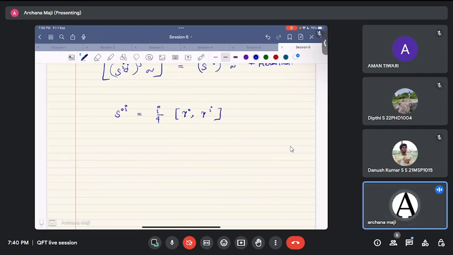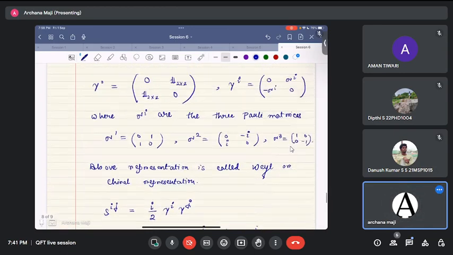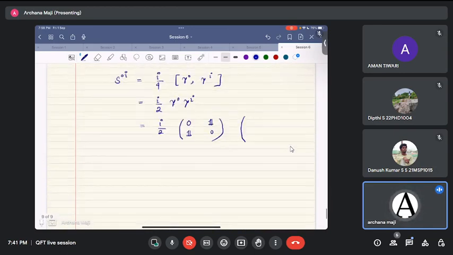So gamma 0 gamma i will be i over 2, gamma 0 is 0 identity, identity 0, and gamma i, what is gamma i? It is 0 sigma i, minus sigma i 0.